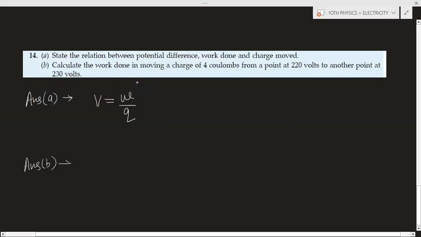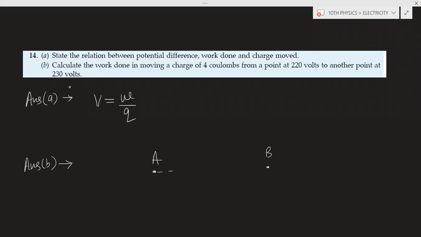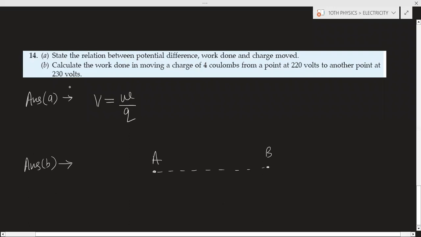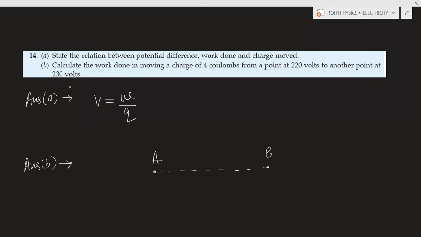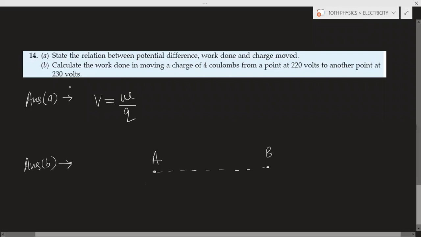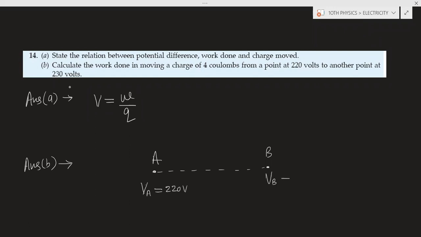Answer B. Calculate the work done in moving a charge of 4 coulombs from a point at 220 volts to another point at 230 volts. There are two points, suppose this is A and this is B. The potential at A is 220 volt, and the potential at B is 230 volt.